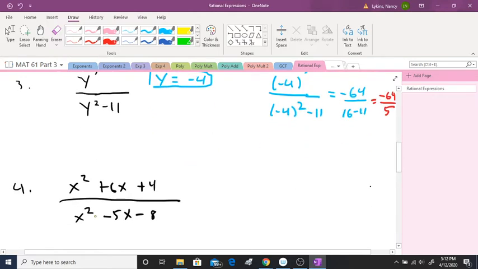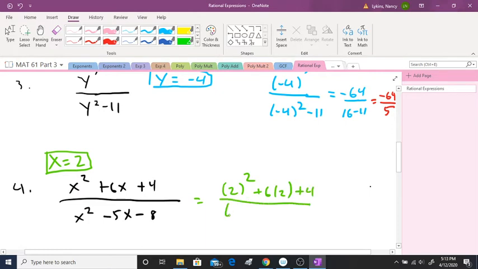Now I can add a few more things. Let's just say right up here, we're going to say x equals, let's make it pretty simple, let's do 2. So then we're going to say 2 squared plus 6 times 2 plus 4 over 2 squared minus 5 times 2 minus 8.